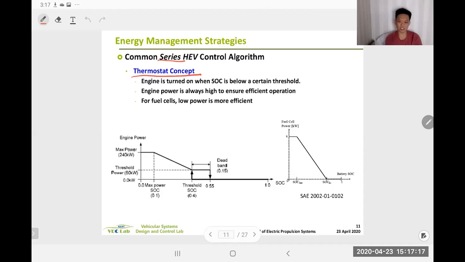I see. So you're commenting on the driver perception, how the driver feels. If you completely decouple engine operation from driver demand, then yes, the engine will do whatever it needs to do regardless of your power demand.